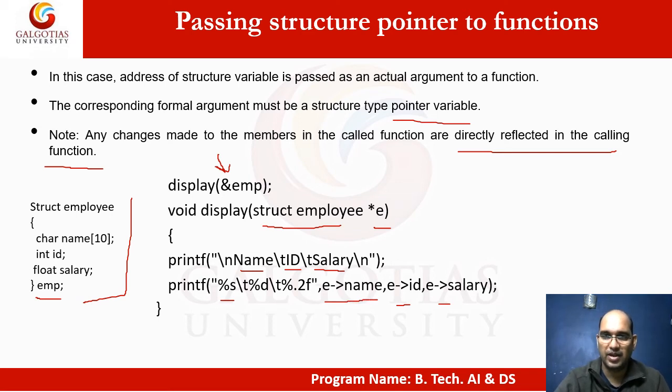The second one is %d for ID, so e arrow id, and the third one is the floating point, e arrow salary. You have to understand the difference between dot and arrow. When it is a simple structure variable, you use the dot operator to access the members. When it is a pointer, you use the arrow operator to access the members.